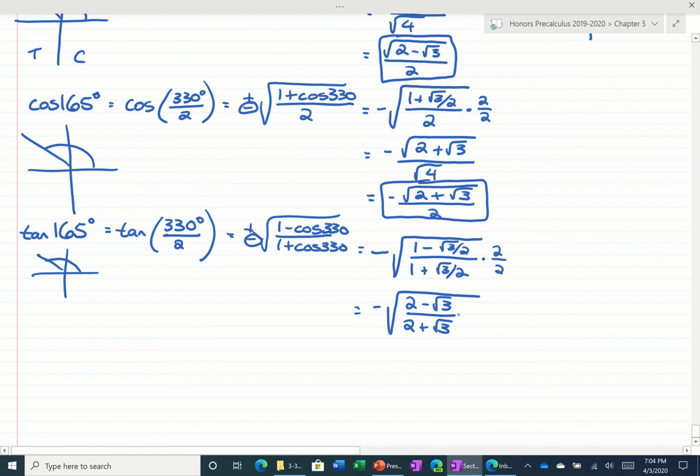And then let's multiply the top and bottom by the conjugate to get rid of the radical in the denominator. Conjugate would be 2 minus root 3.